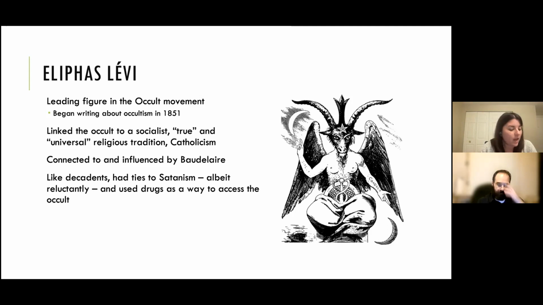So Levi and Baudelaire were both influenced by Joseph de Maistre, who was a late 18th, early 19th century Catholic philosopher who promoted a more traditional approach to Catholicism and really influenced Baudelaire's understandings of sin and evil. And actually, in addition to having this tie of an influence on their thought, Levi and Baudelaire also personally knew one another and influenced each other's work.